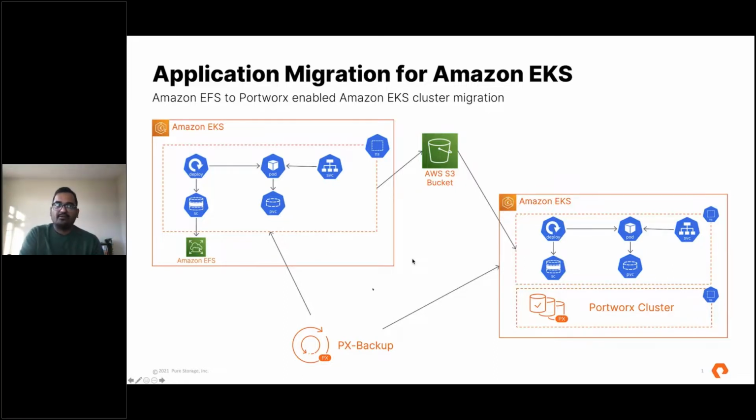Time for the second demo. This is a second scenario where I have a primary EKS cluster, which is backed by EFS, and we have a second EKS cluster that's running Portworx.